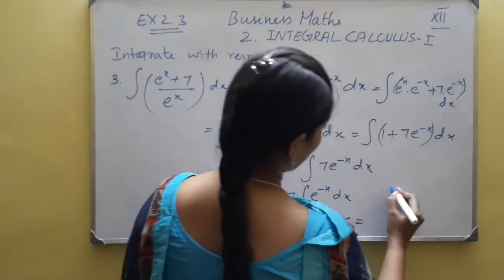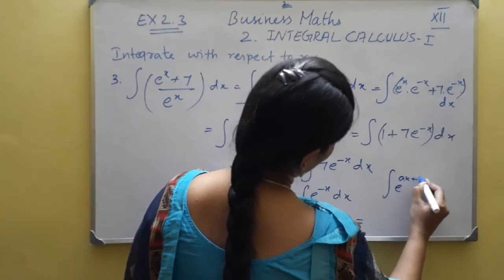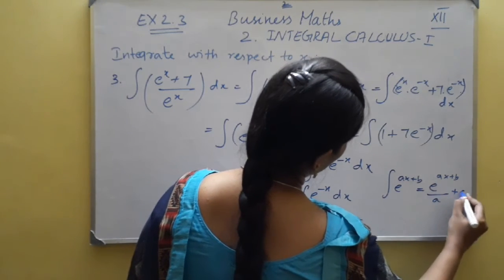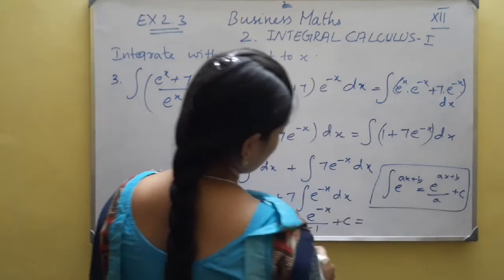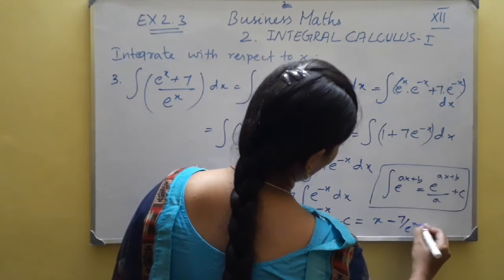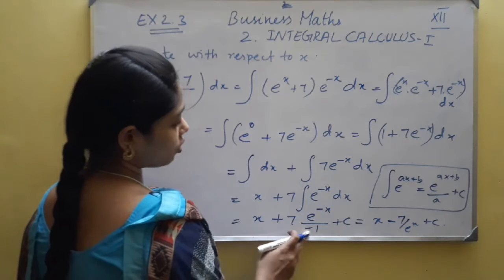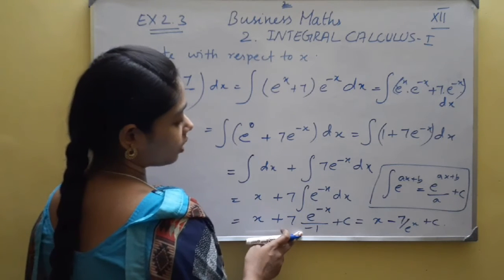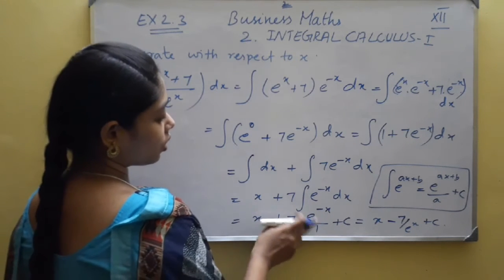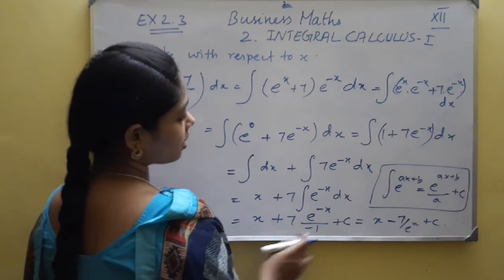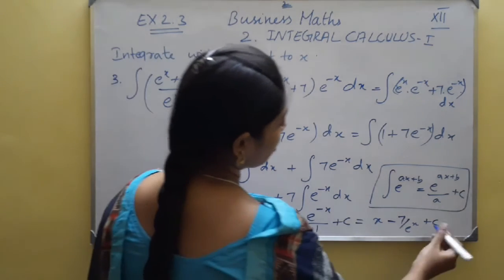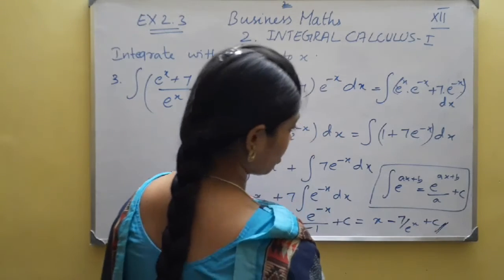By using the formula integral e power ax plus b equals e power ax plus b divided by a plus c, this is x minus 7 by e power x plus c. The negative sign in the denominator is for the whole fraction. I'm taking this negative sign for this fraction, so plus into minus is minus. Taking e power minus x to the denominator, I get e power x. So this is your required integration solution.